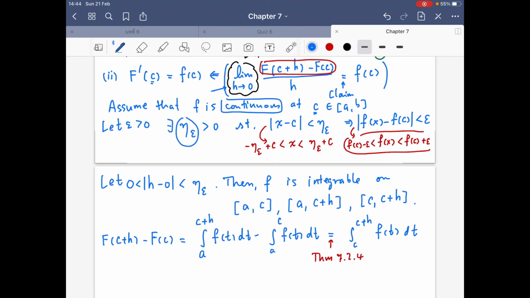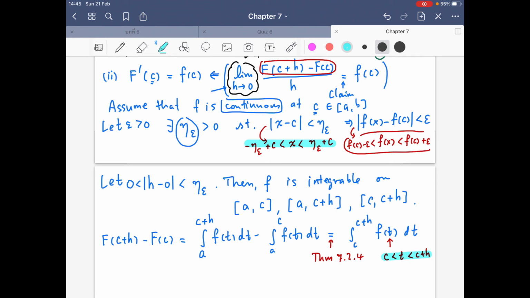Okay, what happened to this one? Your t is in between c and c plus h. It looks like this t coincides with the condition for x, right?